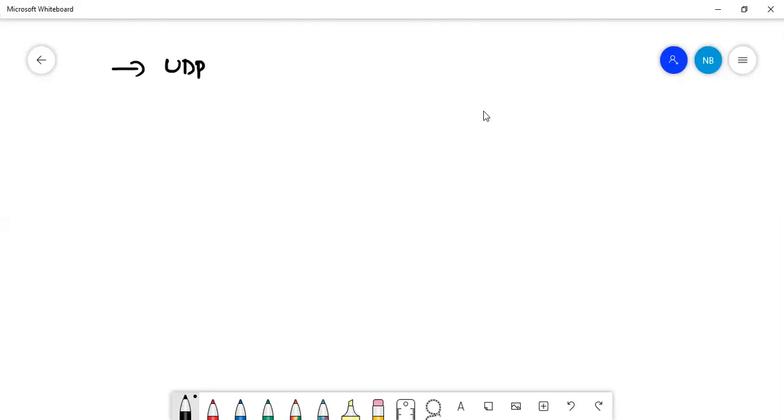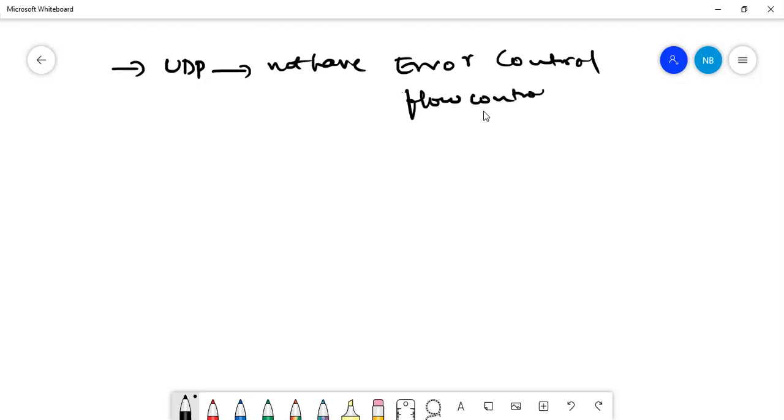UDP is used for connectionless communication, but it will not have error control or flow control mechanisms.